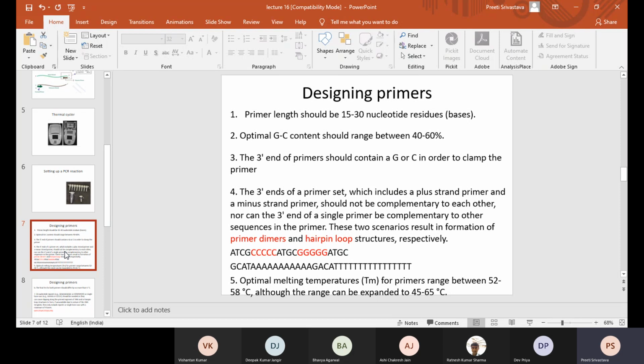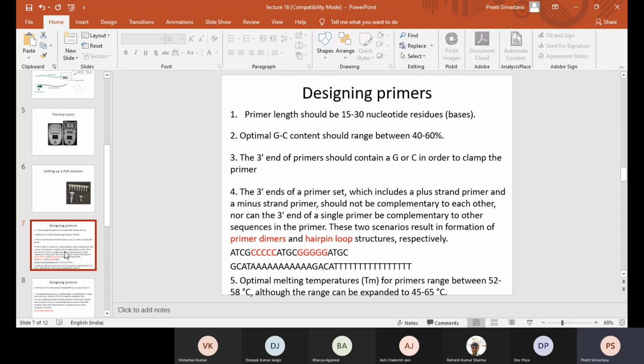Therefore, for routine gene cloning, it is a good idea to design primers preferably in the range of 15 to 30, 18 to 24. But just to increase the specificity, you can go up to 40 to 45, but not more than that.